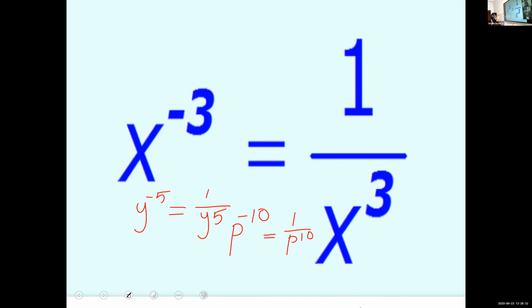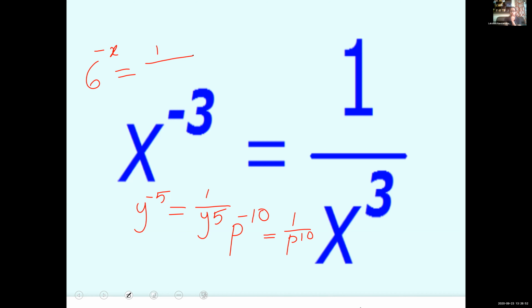Okay, now Lakshmi Nandagumar. 6 raised to negative x will be equal to what? Ma'am, 1 by 6 raised to x.